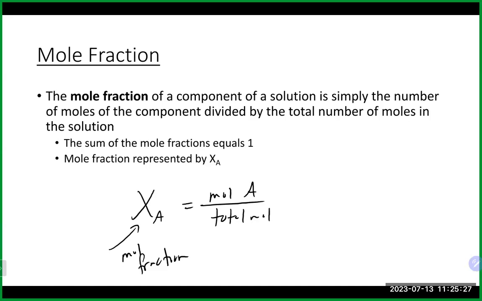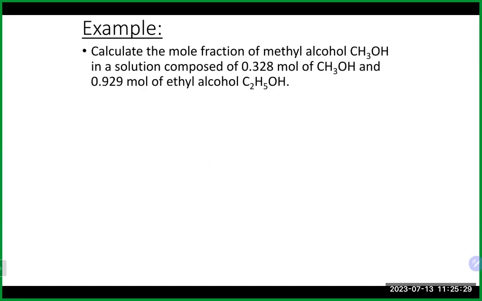To see how that works, take this problem: calculate the mole fraction of methyl alcohol in a solution where we mix 0.328 moles of methyl alcohol with 0.929 moles of ethyl alcohol.